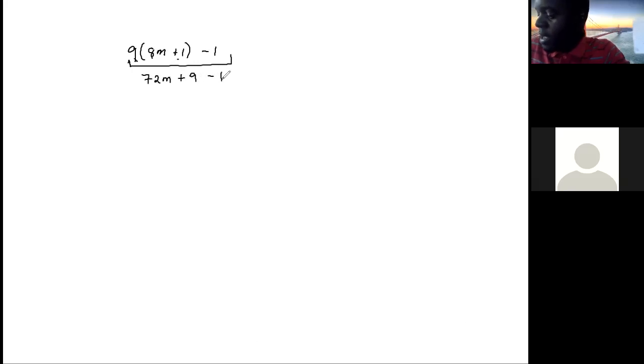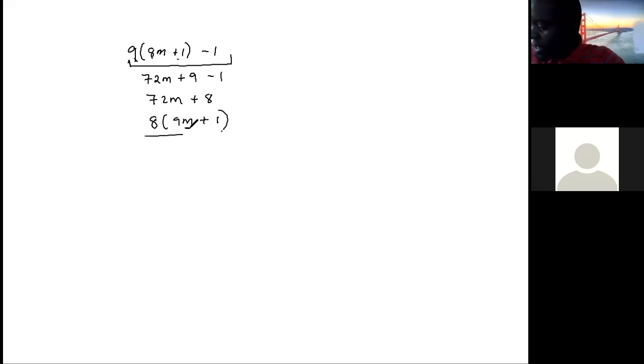Then you have minus 1 there. This becomes 72m plus 8. Can you factor out 8? You factor out 8, you remain with 9m plus 1. Now, m is a natural number, and natural numbers are whole numbers.